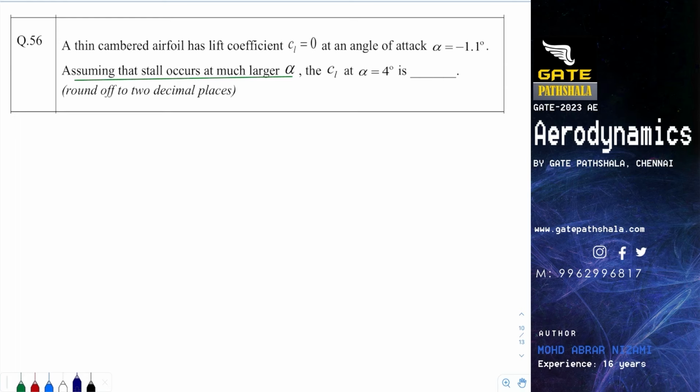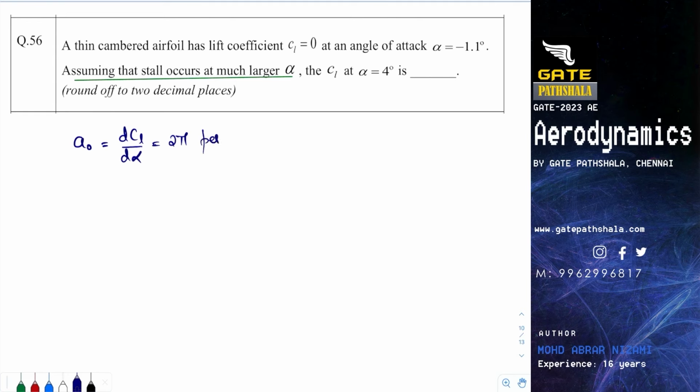You can just find the slope dCl by d alpha of the aerofoil. So you can simply write the lift curve slope of the aerofoil as dCl by d alpha, which is equal to 2 pi for a thin aerofoil. So it is 2 pi per radian.